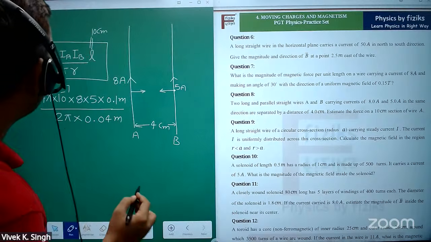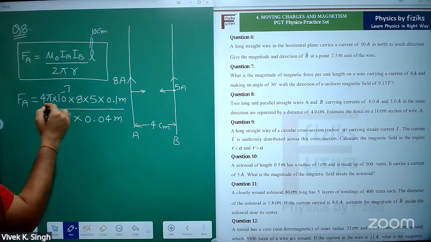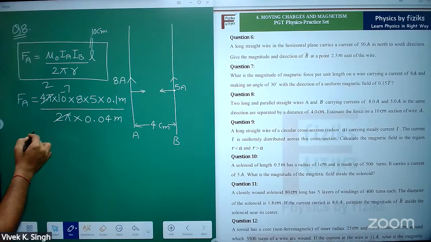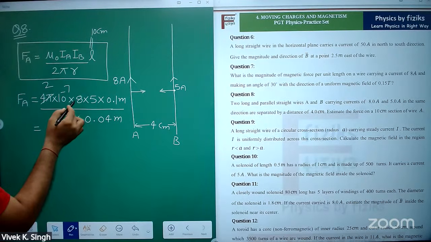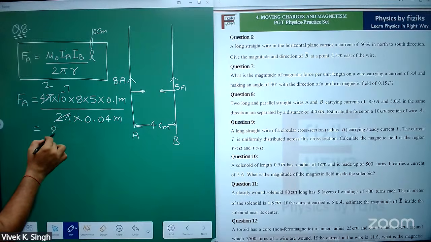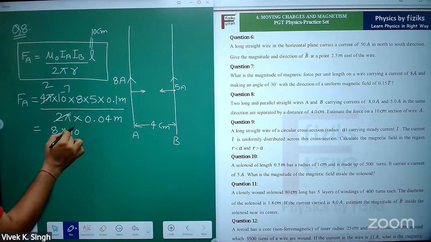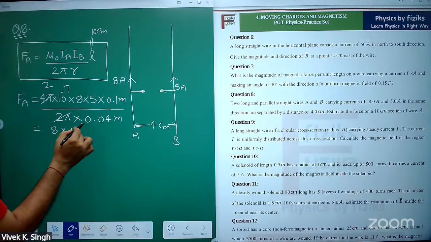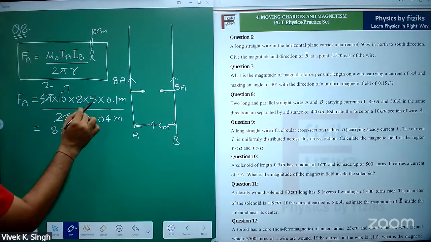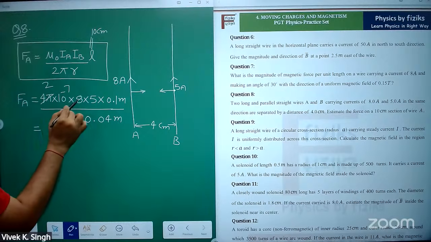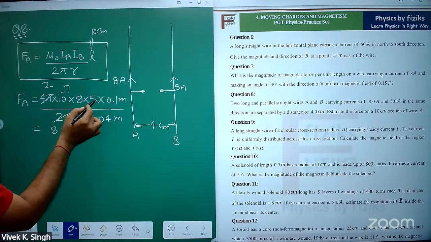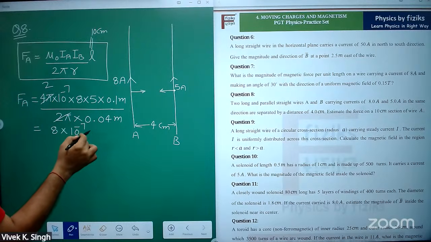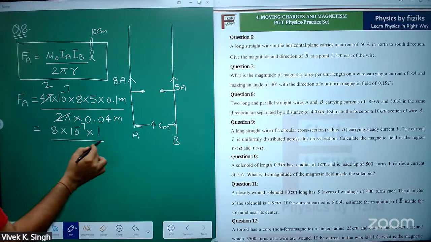So let's calculate the value. This is 2 times 8 into 10 to power minus 7, 5 into 2 is 10, 10 into 0.1 is 1, divided by 4 into 10 to power minus 2.